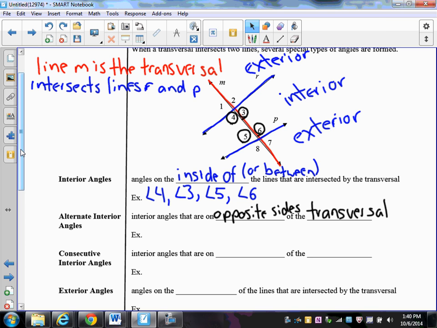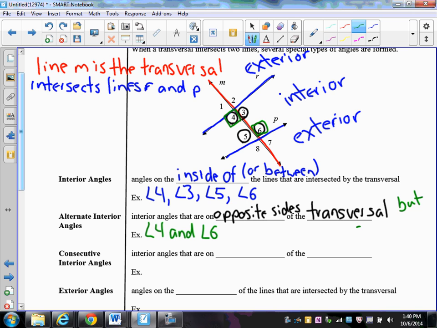And I want to pick the ones that are on opposite sides. So if I start with angle 4, I need to go on the opposite side, and I have angle 6. So I have angle 4 and angle 6. There should be something else mentioned. You might think we're missing something from our definition, but aren't adjacent.